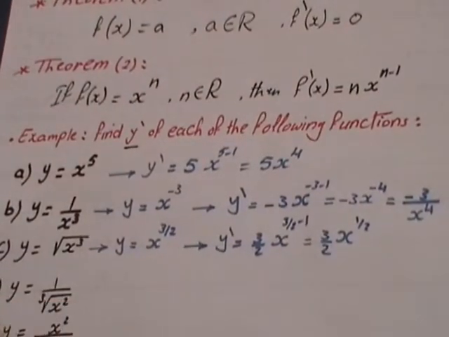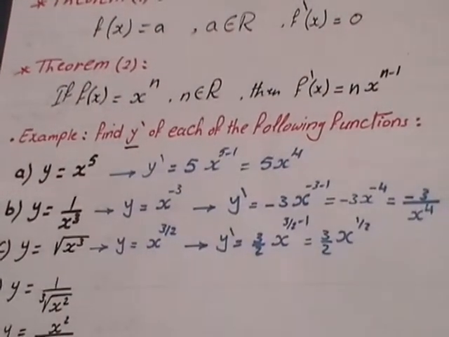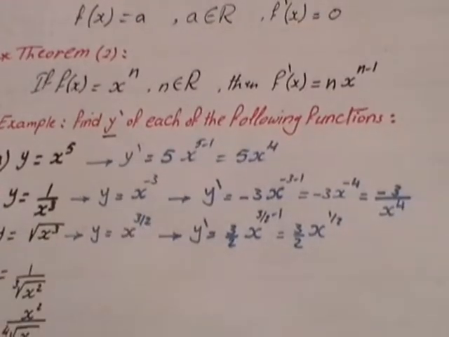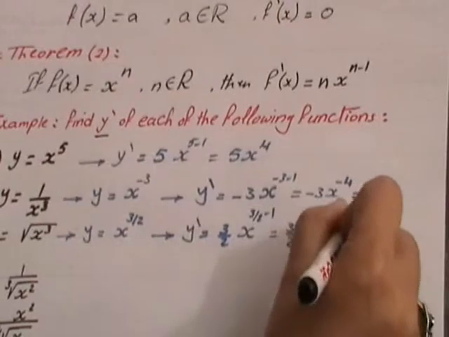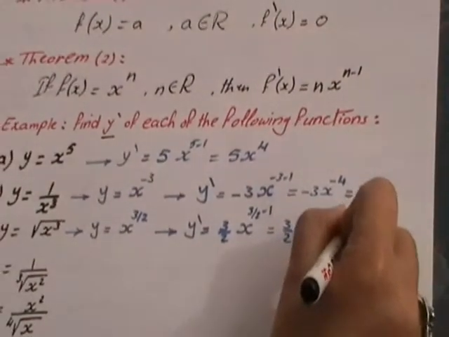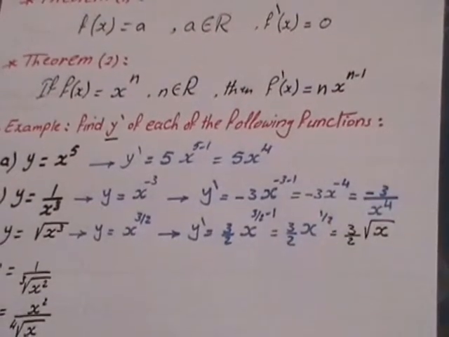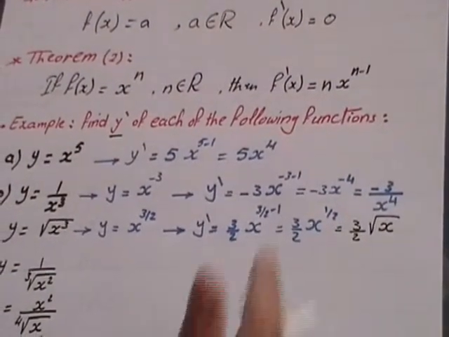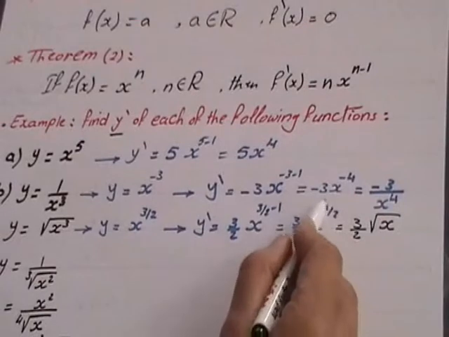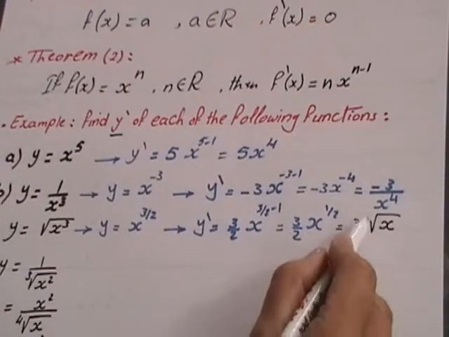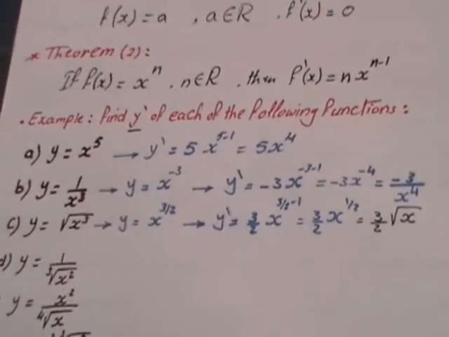Then we convert this fractional power to a root like before: equals 3 over 2 square root x. Why is it square root x? Because the inner power is 1 and the outer power is 2, so the square root of x.